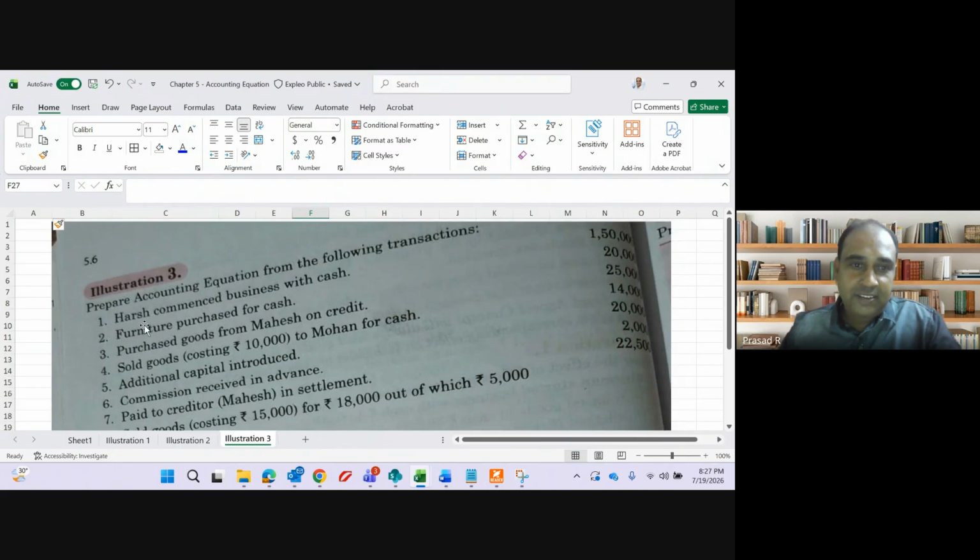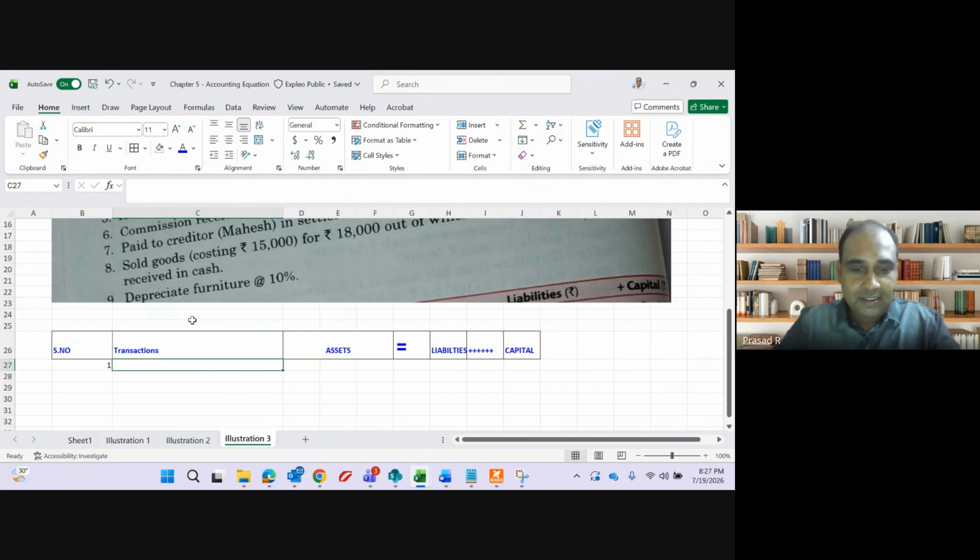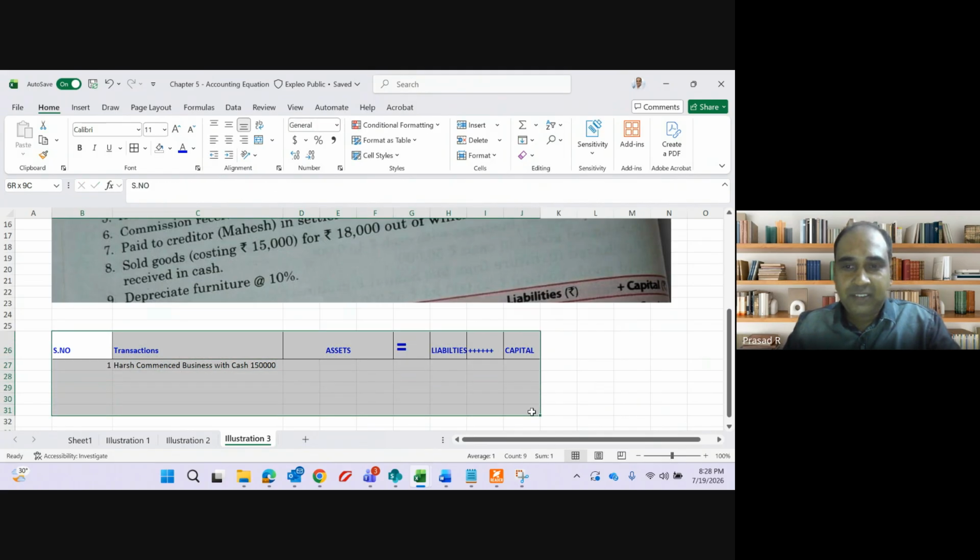First transaction, Harsh commences business with cash 1,50,000. Serial number 1. Transaction is Harsh commenced business with cash. Always the first transaction will be this, guys. As usual, please tell me quickly, guys.